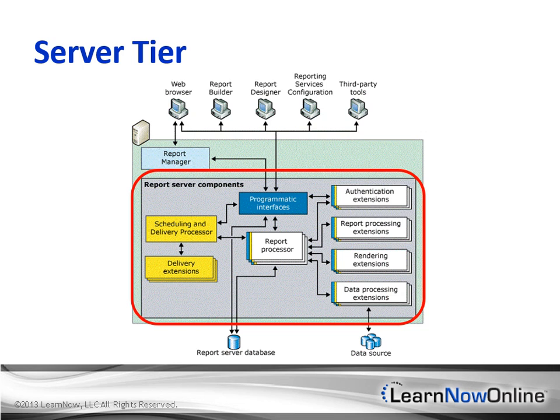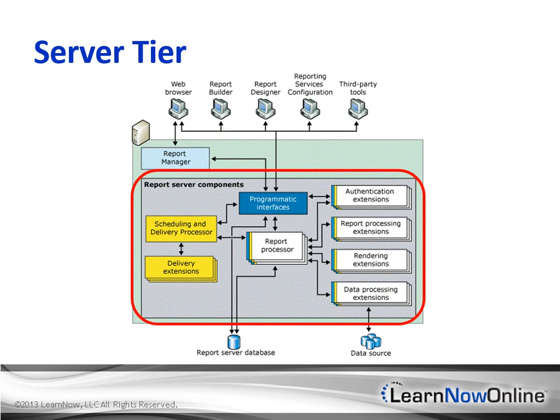A report snapshot is stored in the report server database in that temporary format. All right, so once the report processor generates the report in the temporary format or retrieves a stored version of it, it calls a rendering extension to generate the final visual report for the user.